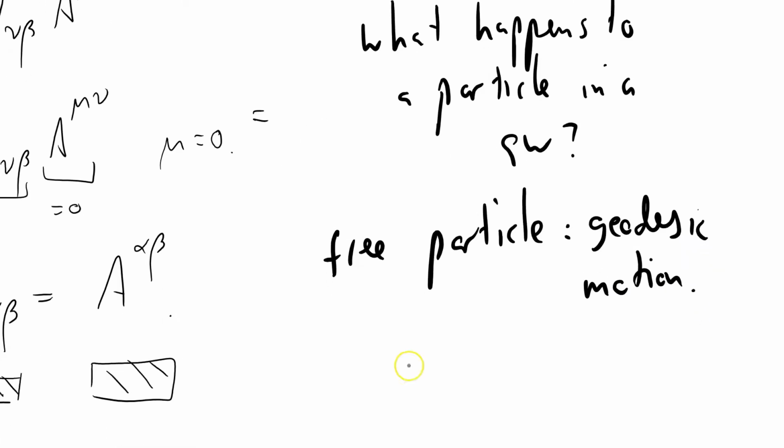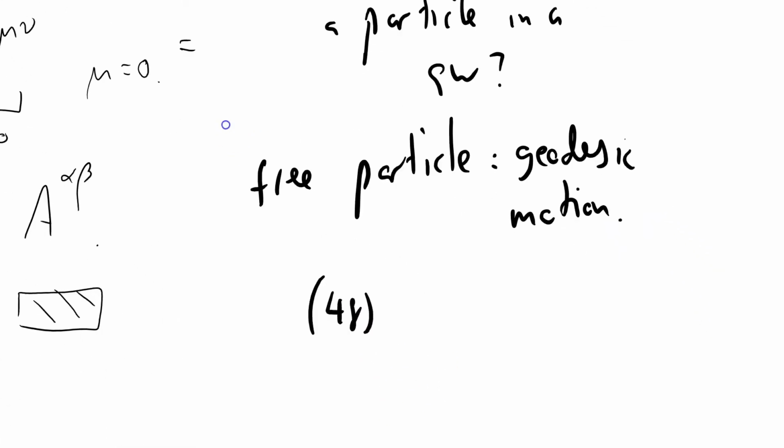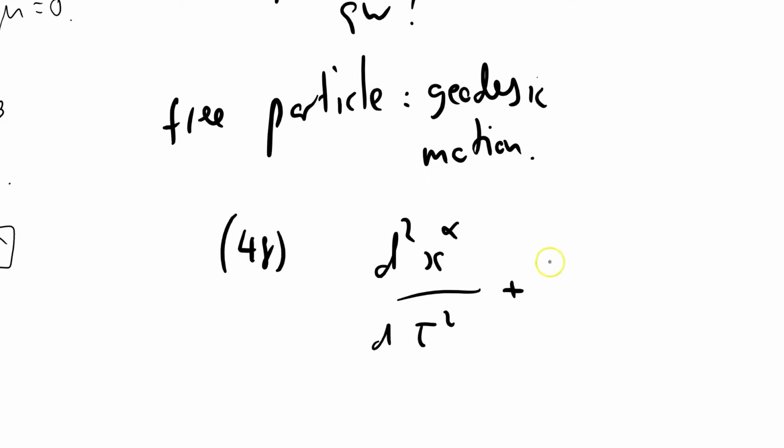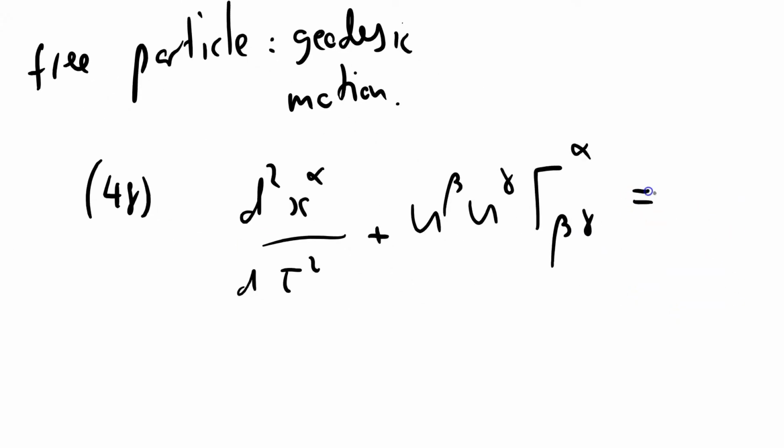And so from screencast number 48, we've got the following equation: d2x alpha by d tau squared plus u beta u gamma times the Christoffel symbol alpha beta gamma equals 0. That's the geodesic equation from screencast number 48.